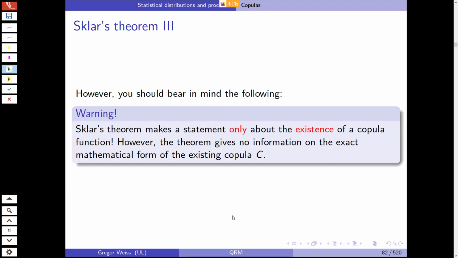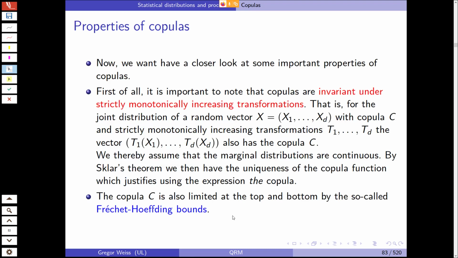Now, I've given you this warning. Sklar's theorem only makes a statement about the existence of a copula function. It doesn't tell you anything about the exact mathematical form of the copula, and it doesn't really tell you how to use data to estimate C. This is what has been done next, and we'll be talking about these properties in just a bit.